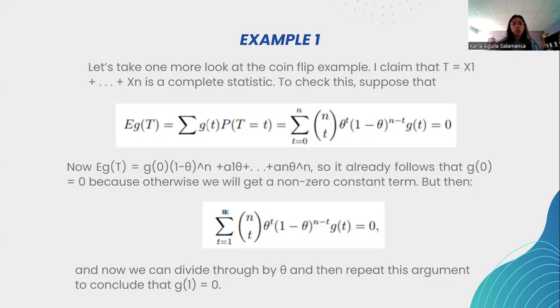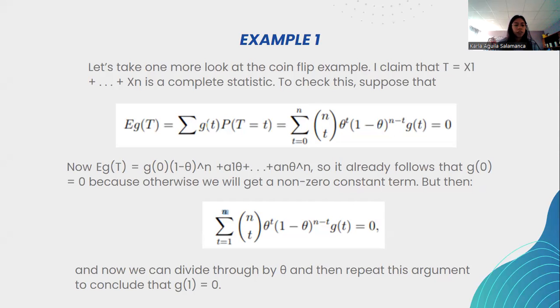To check this, we suppose that the expected value of the function g is equal to the sum of this function multiplied by the probability that the statistic equals a value t, and this is equal to the sum from t equal to 0 to n of the combination of n and t multiplied by theta to the power of t times 1 minus theta raised to the power of n minus t times g of t, equal to 0.